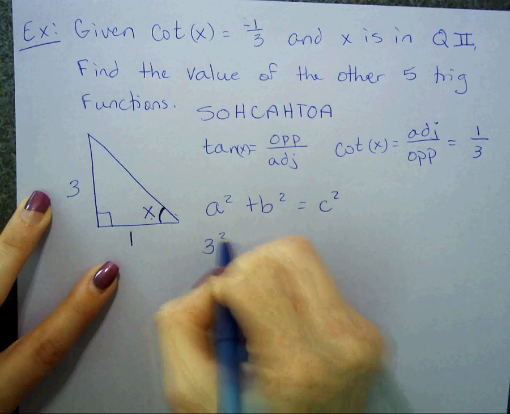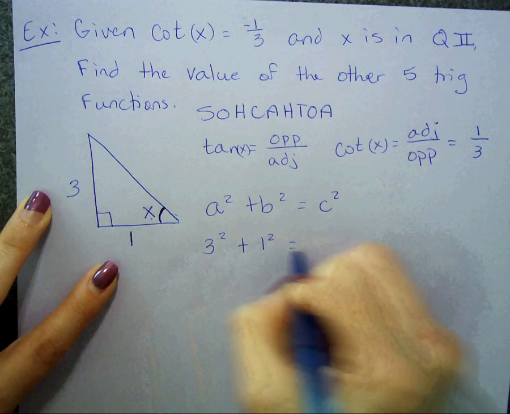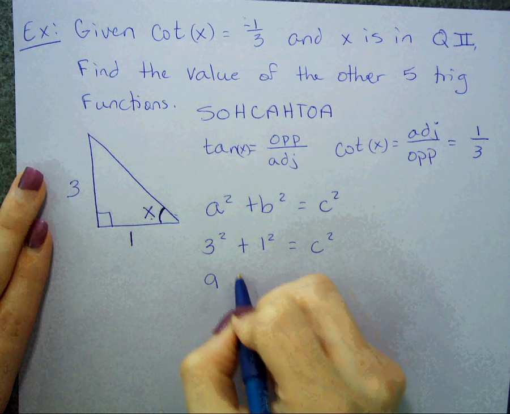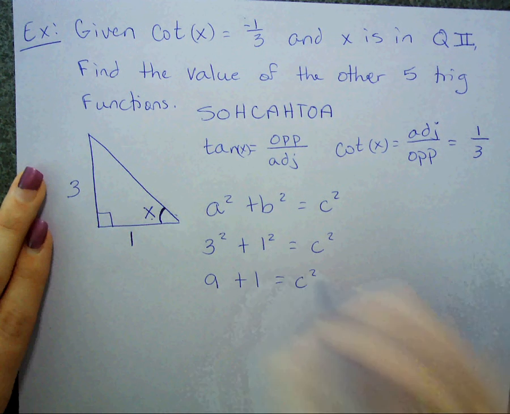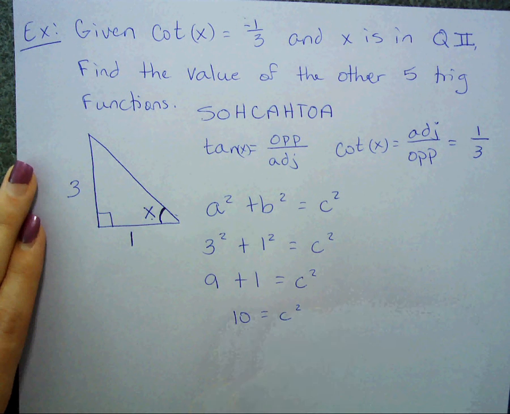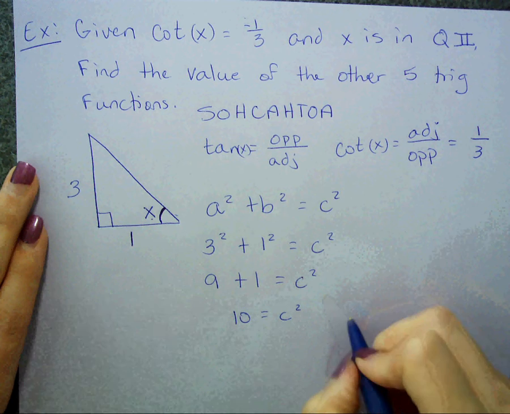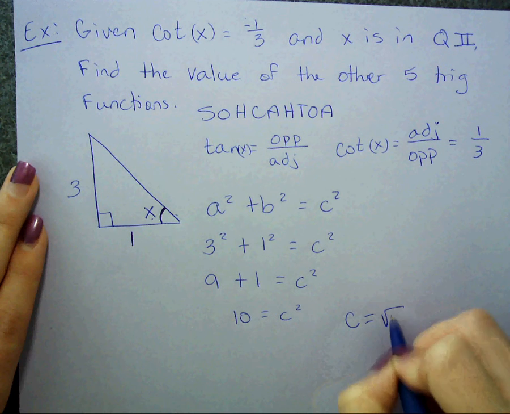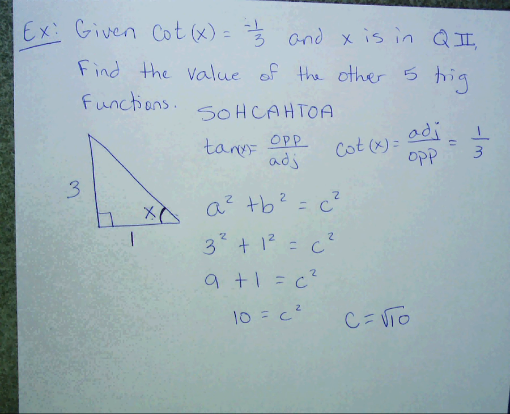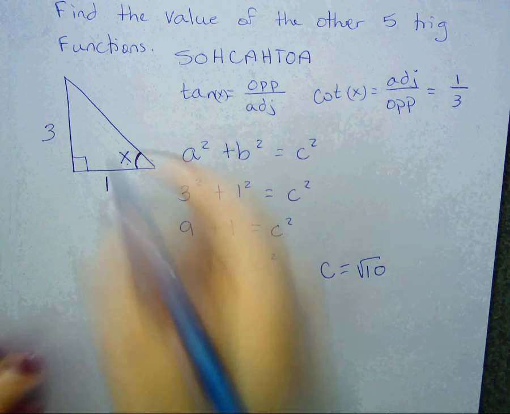So 3 squared plus 1 squared equals c squared. 9 plus 1 equals c squared. 10 equals c squared. Take the square root of both sides. I get c equals the square root of 10. The square root of 10 is as simple as it gets, so we'll move on.